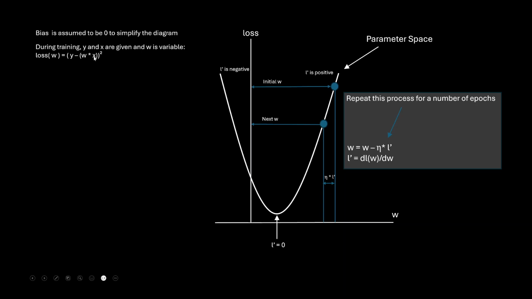X is known, it's an input variable. Y is the output variable. So again, during training, we have the input data and the output data, and we are trying to find the best fit curve or line in this case, because W times X is a line, and we're assuming that the bias is 0, just to simplify the math.